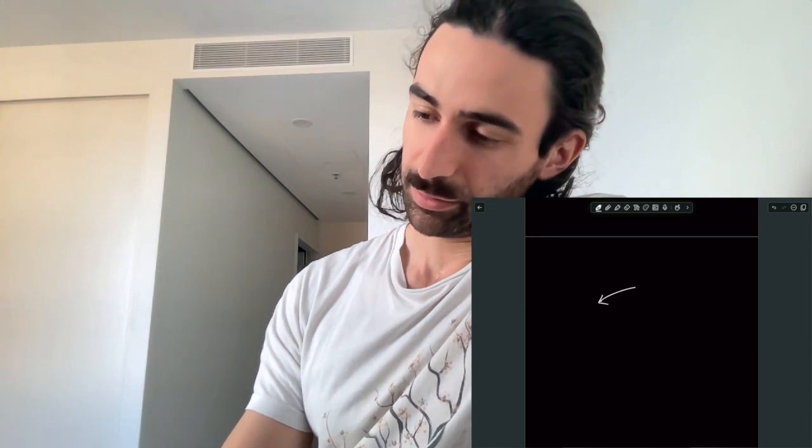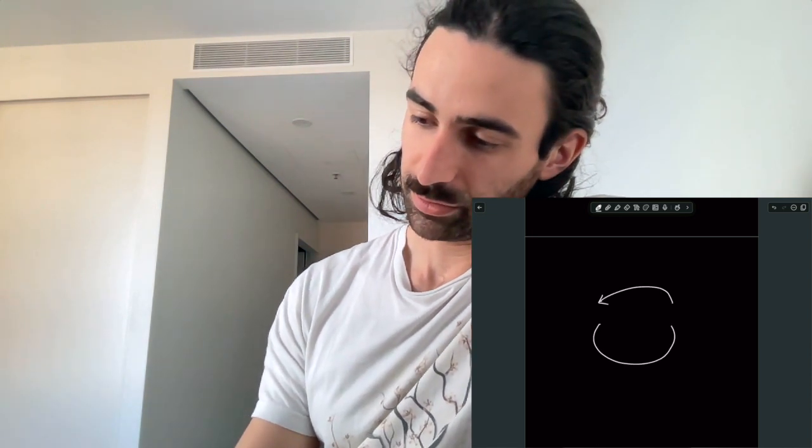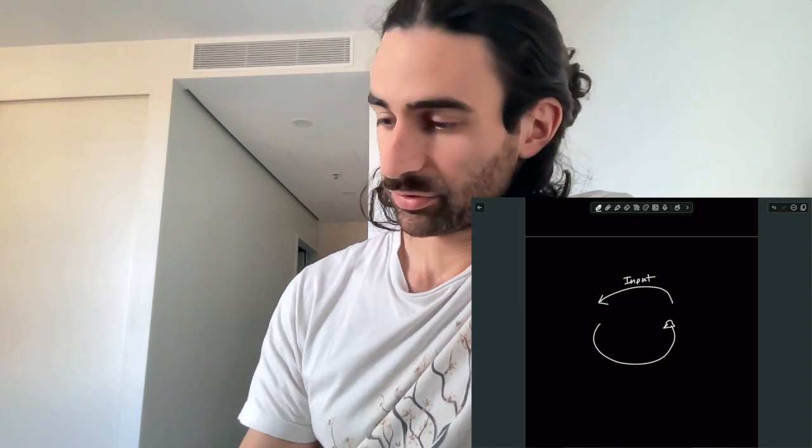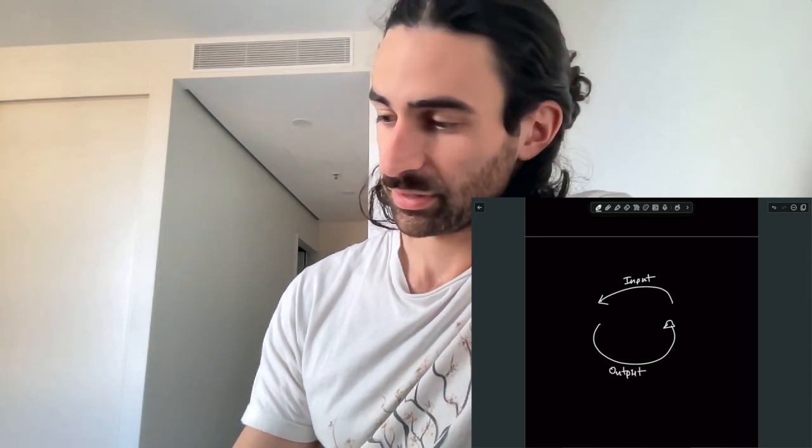If we're talking about a recurrent neural network, though, it looks more like this. We have some input that goes in to begin with. The neural network processes that input. It outputs what it outputs, and then the output forms the new input, and it goes around and around like this until it reaches some sort of end state.